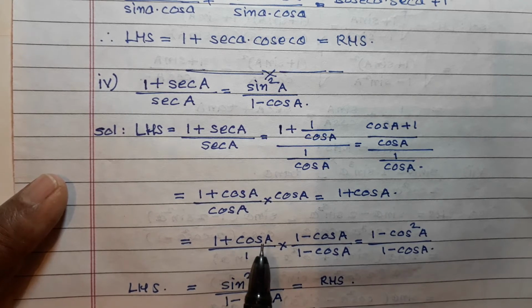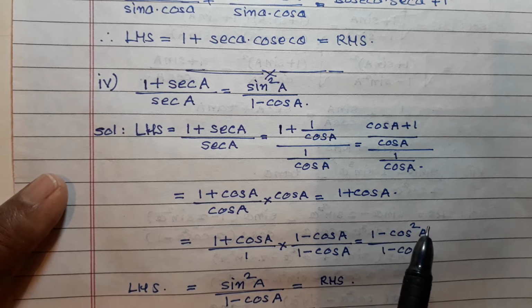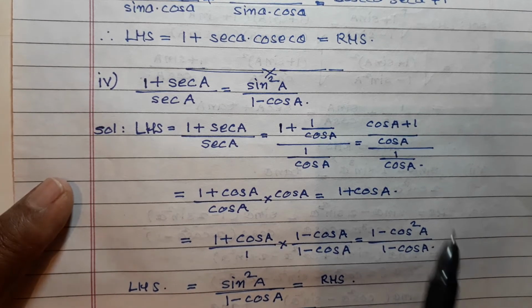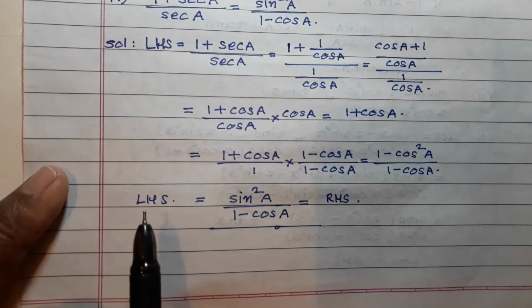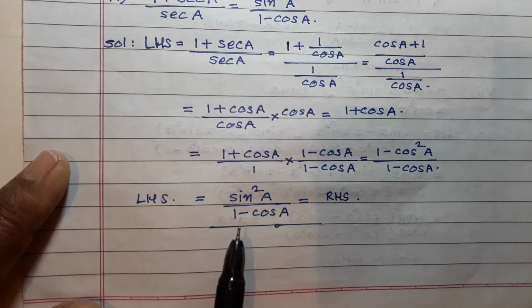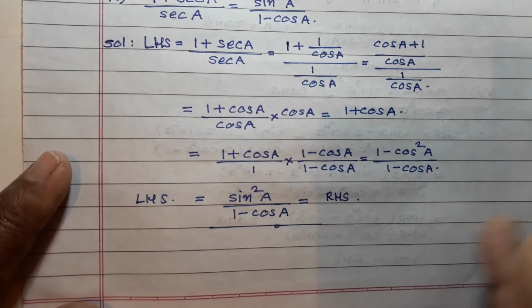So 1 plus cos a upon 1 into 1 minus cos a upon 1 minus cos a, and if you simplify this you will get 1 plus cos a and 1 minus cos a is equal to 1 minus cos square a upon 1 minus cos a, and 1 minus cos square a is equal to sin square a, and therefore left hand side is equal to sin square a upon 1 minus cos a and is equal to right hand side. Okay.